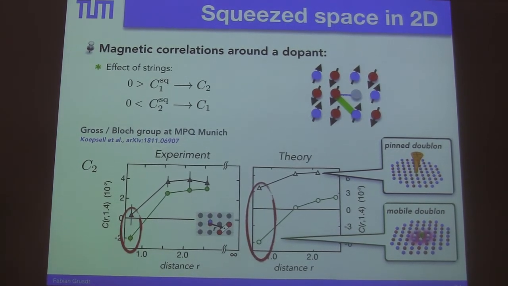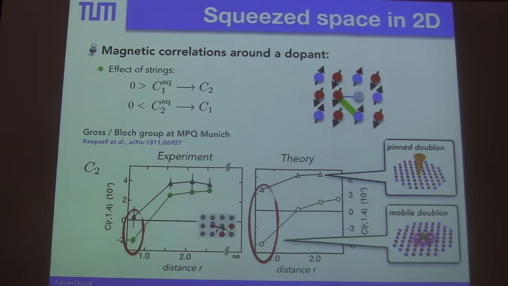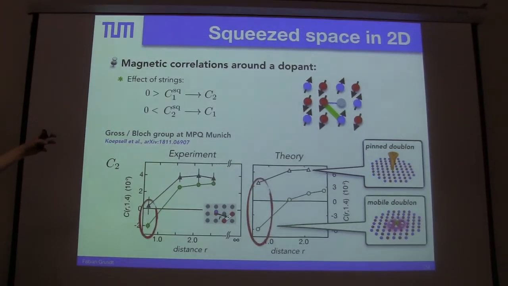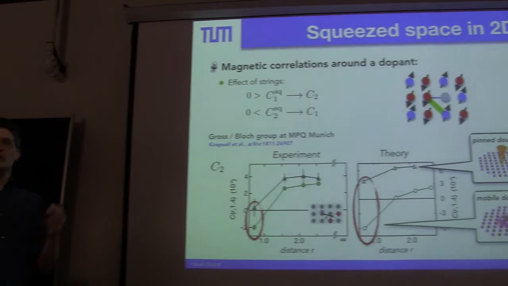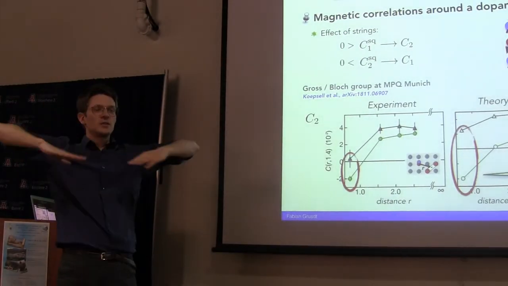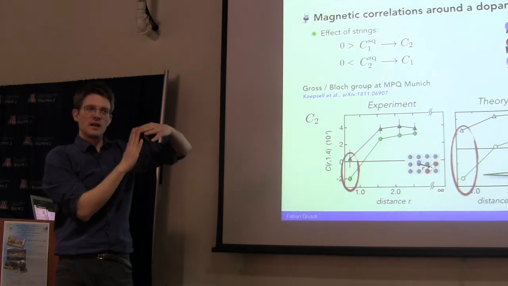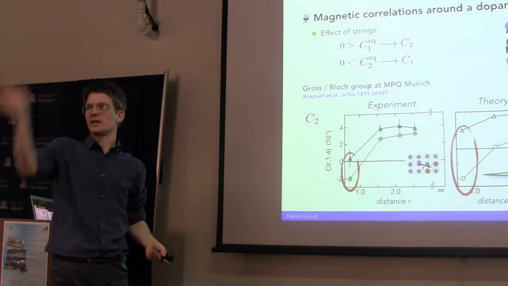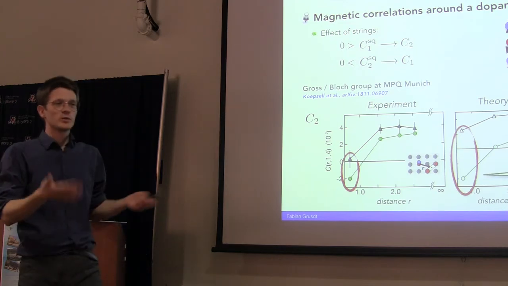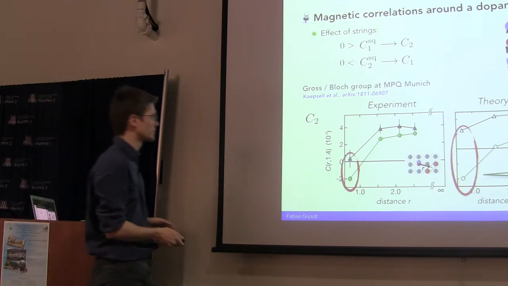And it's important to look at individual snapshots, because if you average over all different snapshots, you would always average over all these different string configurations. Even if every single snapshot has one particular string configuration, one like this and the other one like this, if I average over those, it just looks like a liquid. It's completely blurred out. So then we would basically lose the information about the structure.